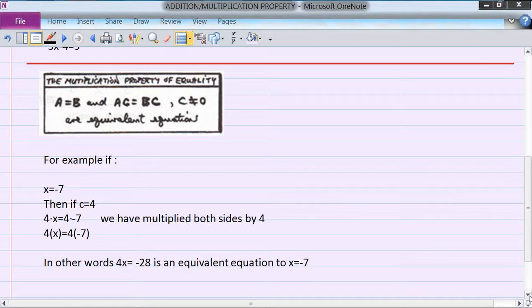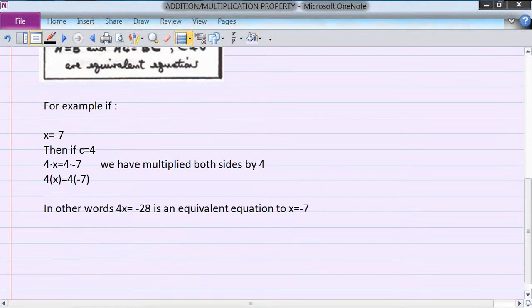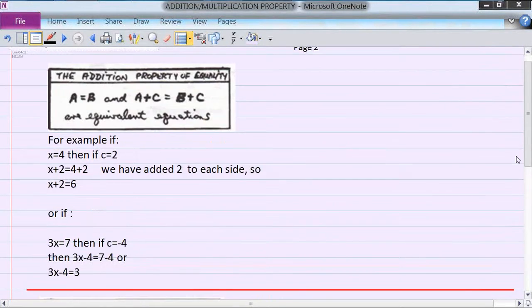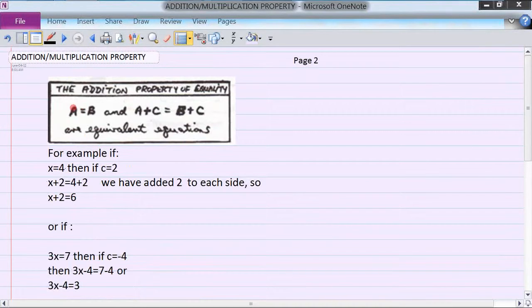So what I do to one side of the equation, I have to do to the other side. Let's go over that again. If we have A equals B, and we add a term C to the left side of the equation, in order to keep the equation the same, we must add that same term to the right side of the equation. I've added plus C to the left and plus C to the right for addition.